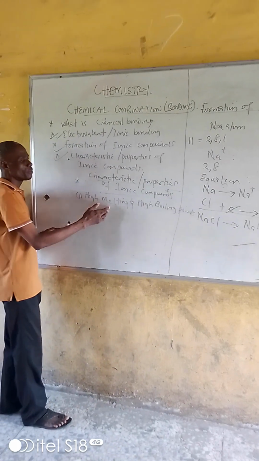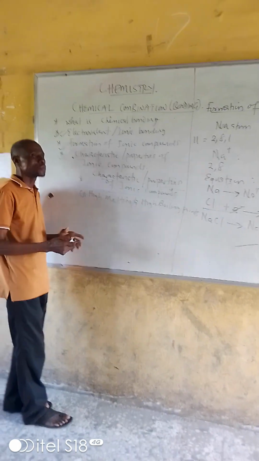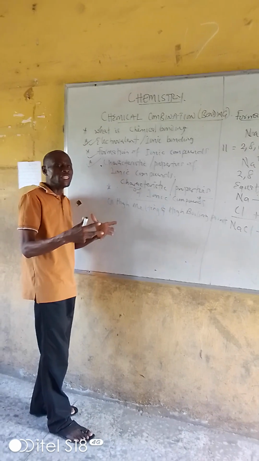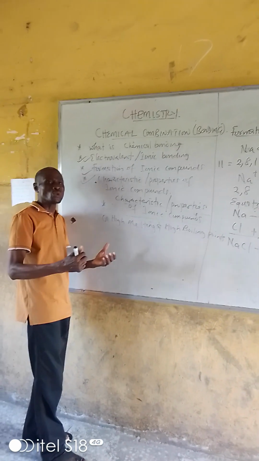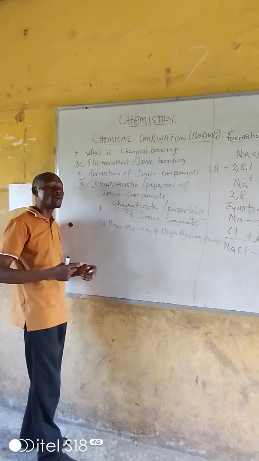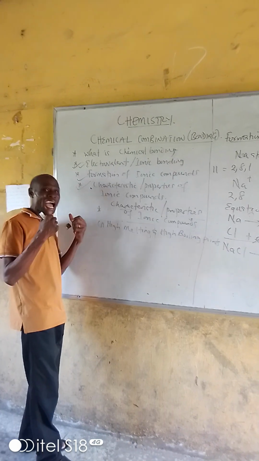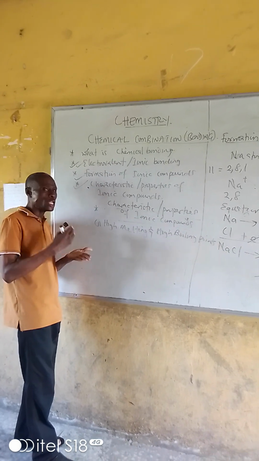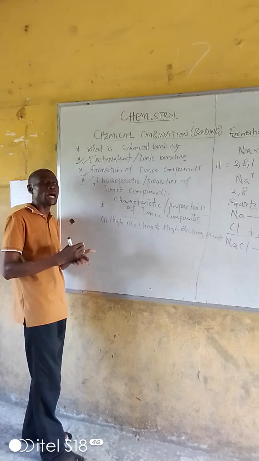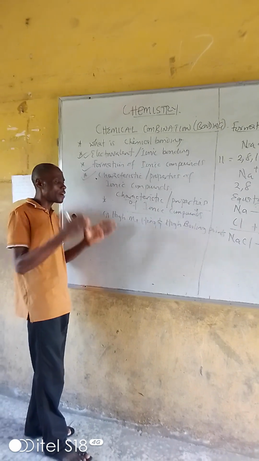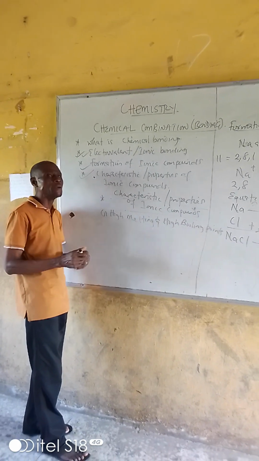Why do we say high melting point and high boiling point? The reason is that the bond in an electrovalent compound is very, very strong. So the force required to break it has to be very high. It takes a lot of heat before the bond in the electrovalent or ionic compound can be broken down. That's why they have high melting and boiling points.